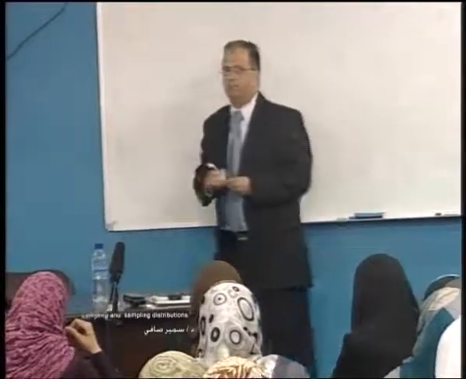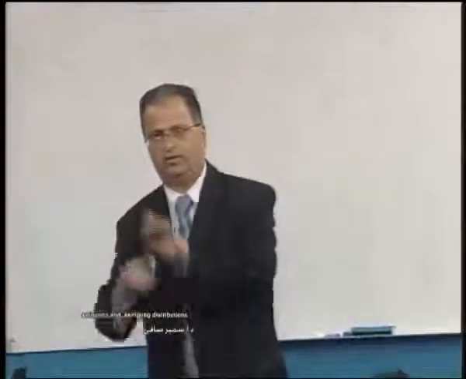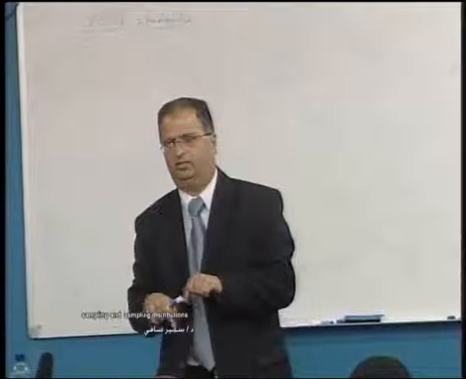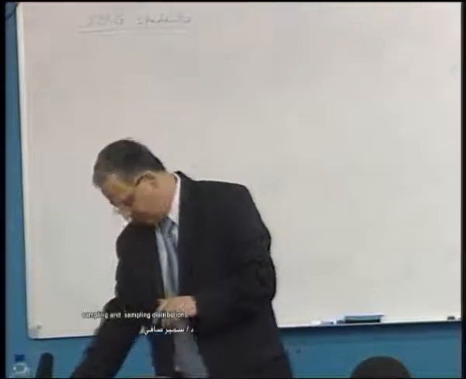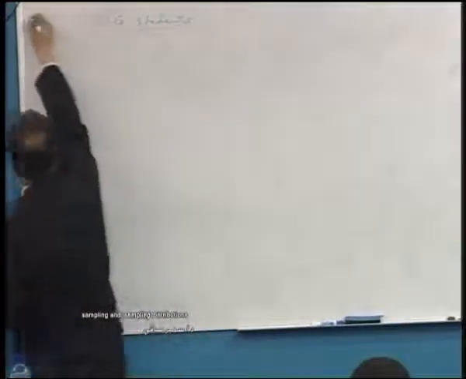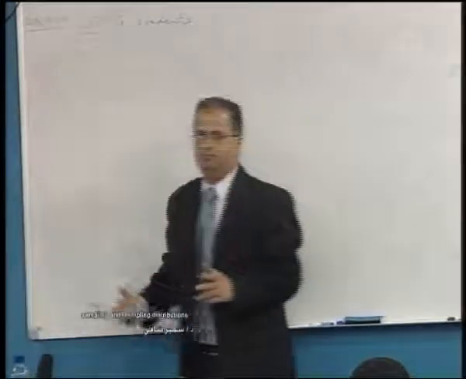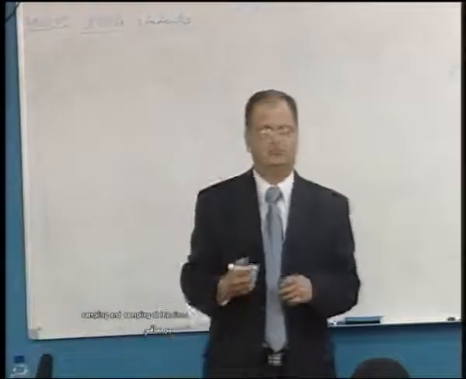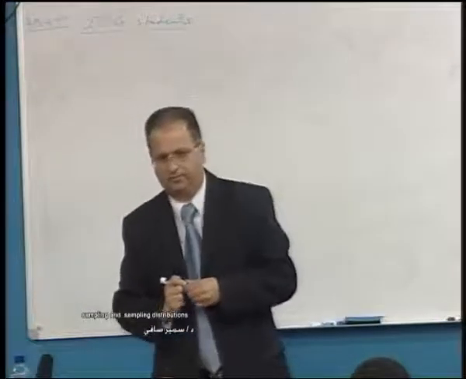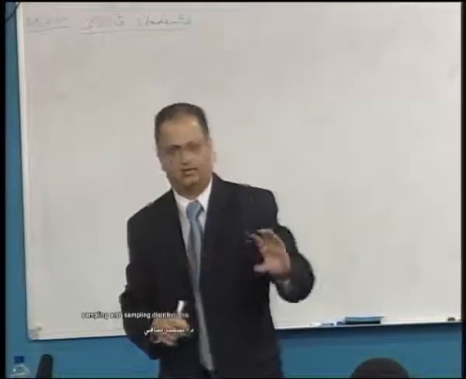So my population consists of all IUG students. So that's the entire population. And you know that, for example, suppose IUG students is around 20,000 students. 20,000 students is a big number. So it's better to select a sample from that population.